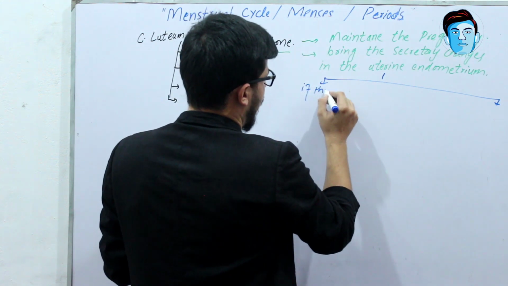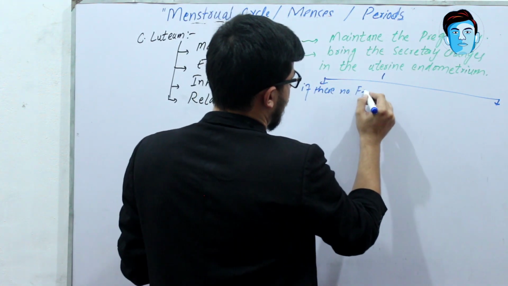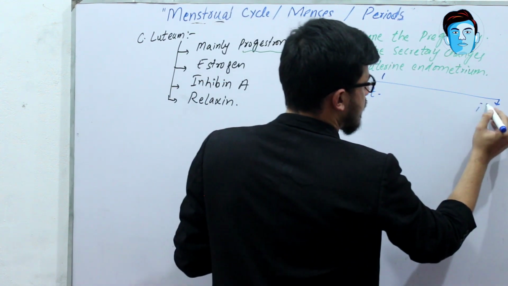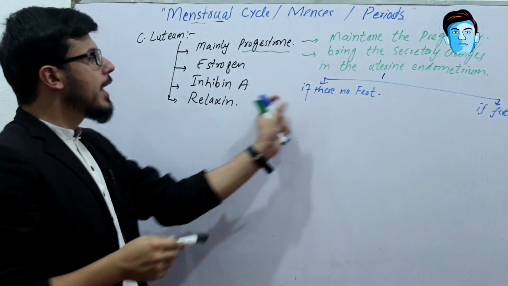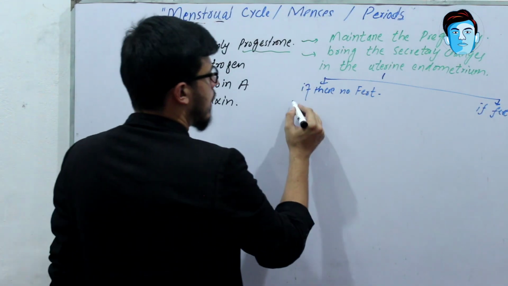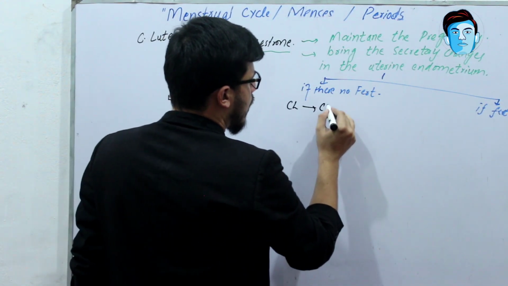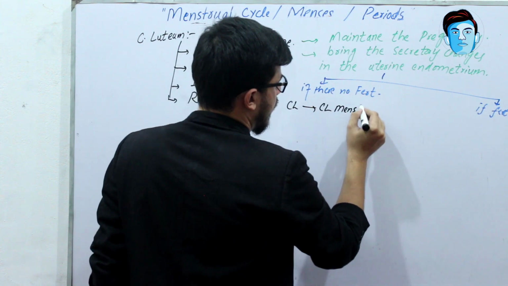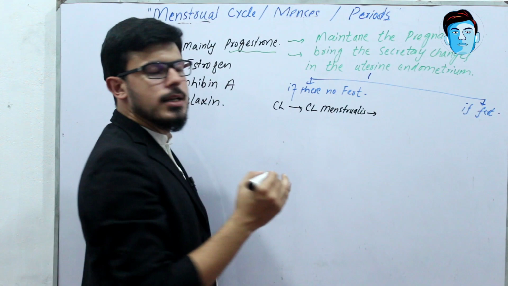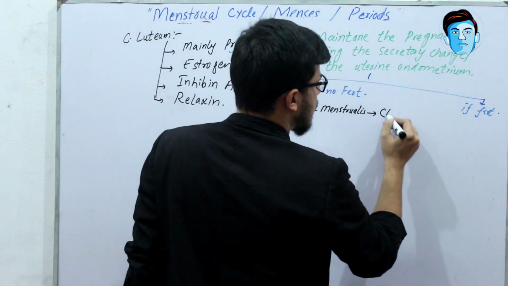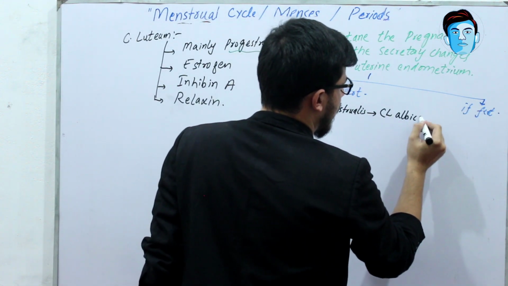If there is no fertilization, the corpus luteum converts into corpus luteum menstrualis, and corpus luteum menstrualis into corpus luteum albicans.